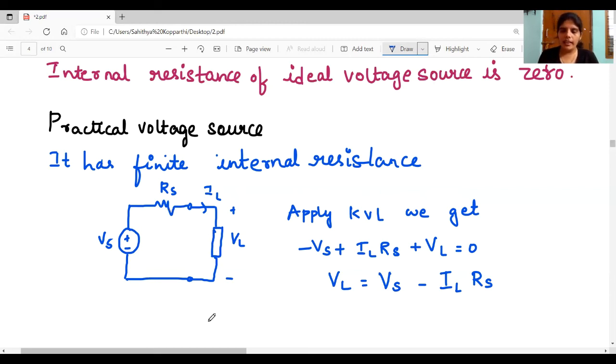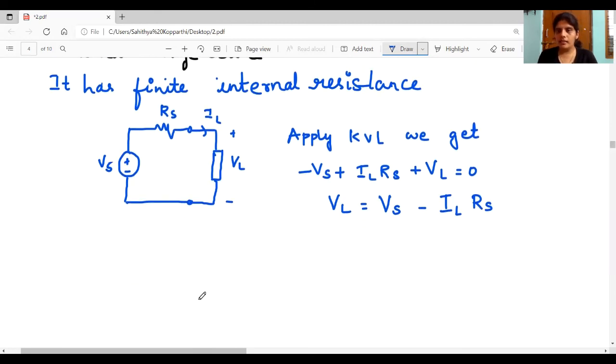Okay. So I'll draw the characteristics now between load voltage and load current.